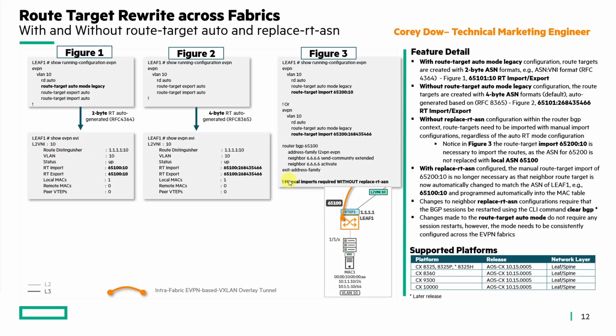Let's take a look at these two features when they're configured together or apart from each other. In figure 1, we can see the configuration for leaf 1, which is VTEP1 in the earlier topology.